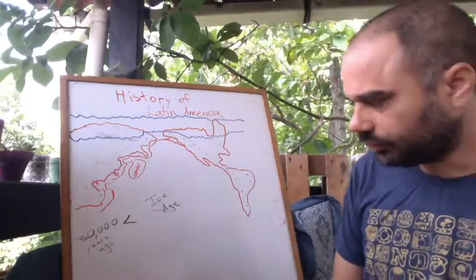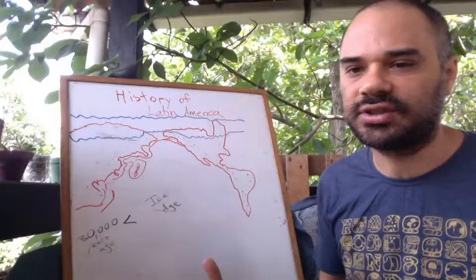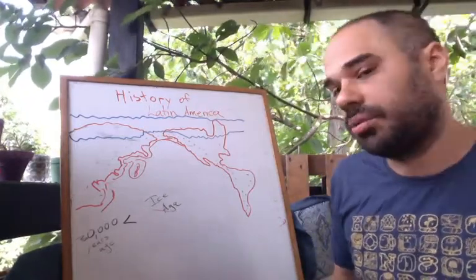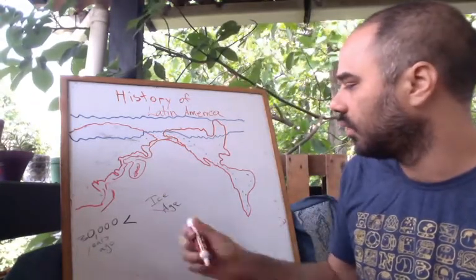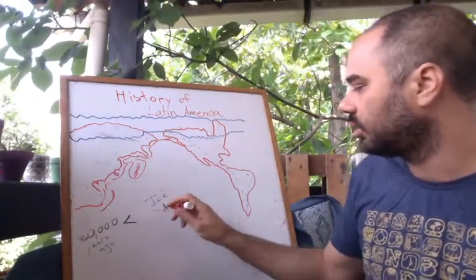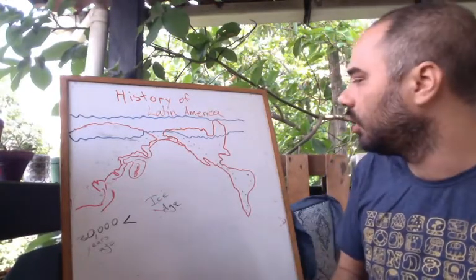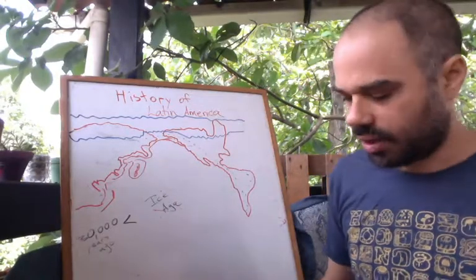So these are the first settlers of the Americas, or this is the most accepted theory. There could be possibilities that people also came by sea, but that had to be later on. But this is the most accepted theory right now.